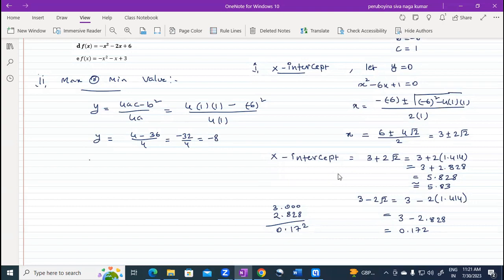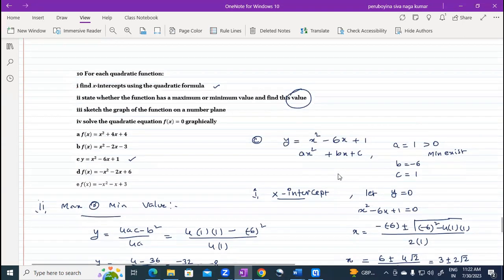Is it a minimum or maximum? Minimum value, because it is an upward curve. Since a is positive, it has a minimum value. Understood? Is it correct? Yeah, it's right.